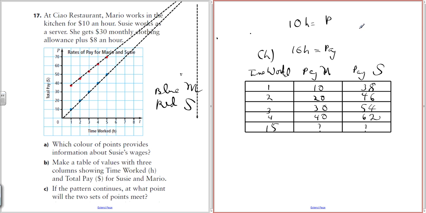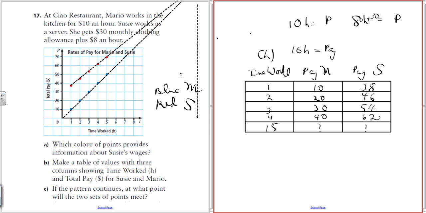For Susie, it's a little bit different. She gets $8 for every hour worked, so 8 times however many hours, plus she has a constant of 30. That's her monthly clothing allowance. That doesn't change. If she works 1 hour, she still gets that $30. If she works 100,000 hours, it's that many hours times $8, but she just gets that plus 30. It remains constant throughout the equation.